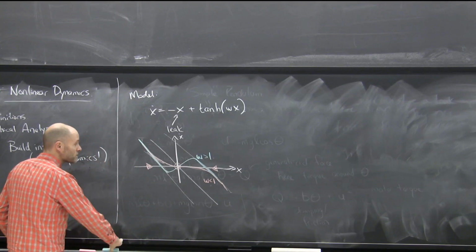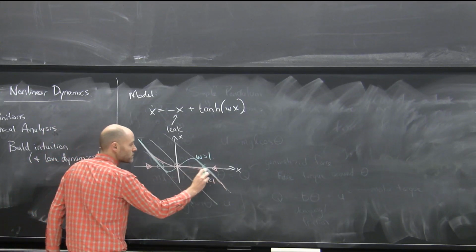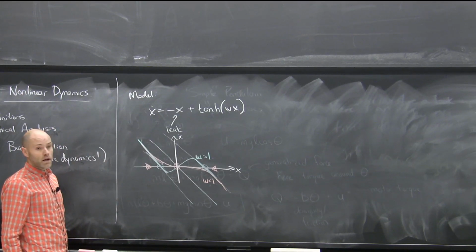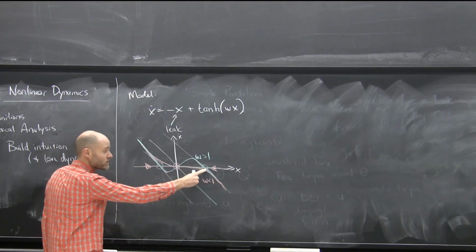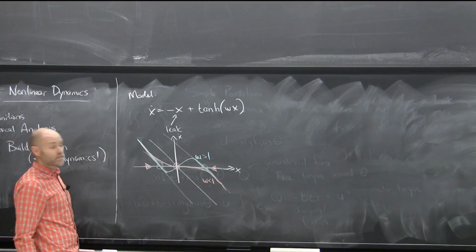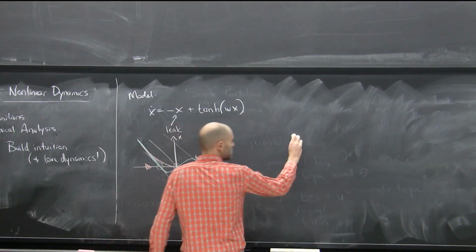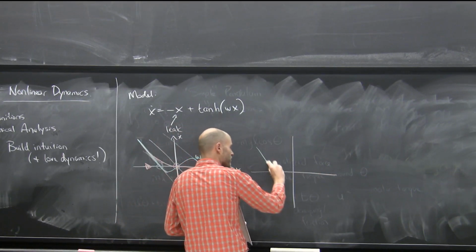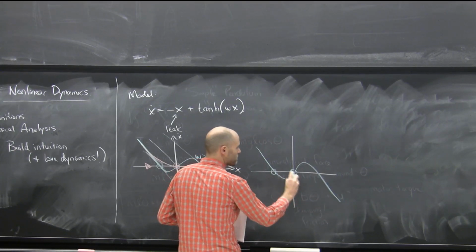What happens if w is greater than 1? I get 2 more fixed points. I could draw this, again, I'm getting a little crowded here. These become stable fixed points, and that one becomes unstable. Okay? Three fixed points in this one.